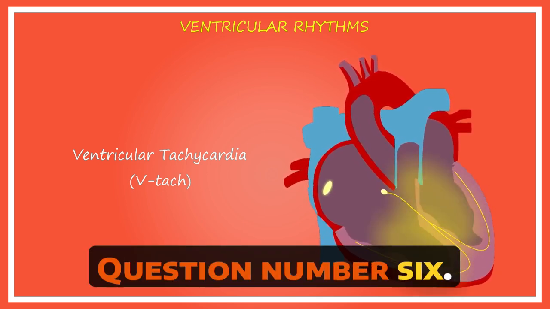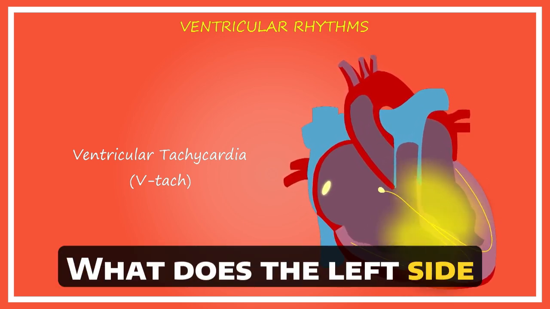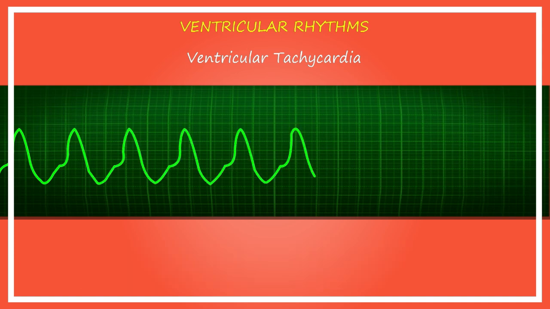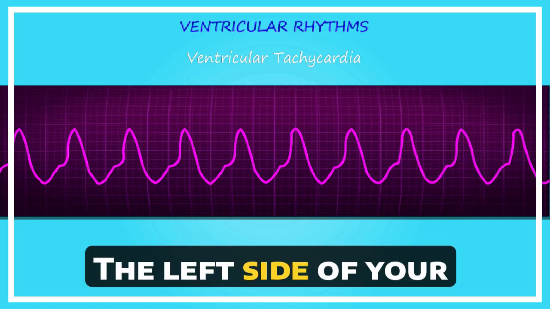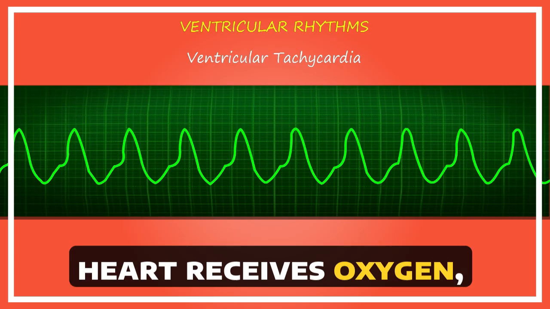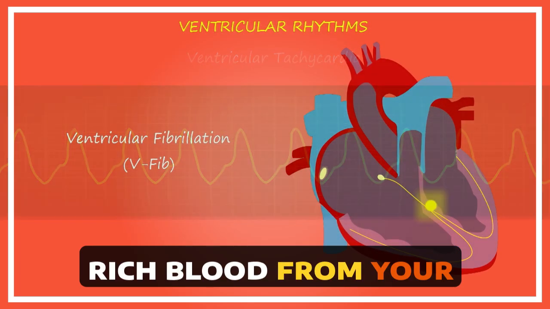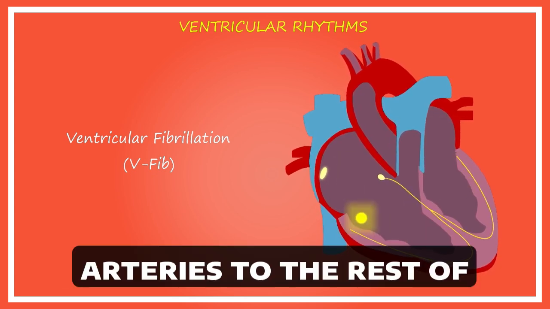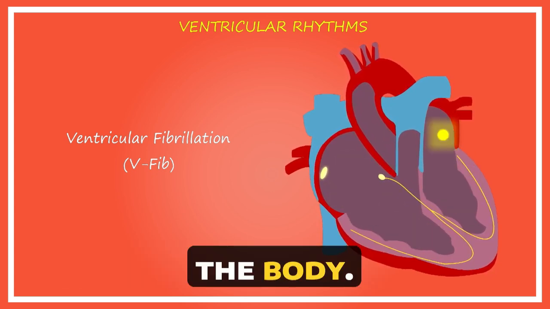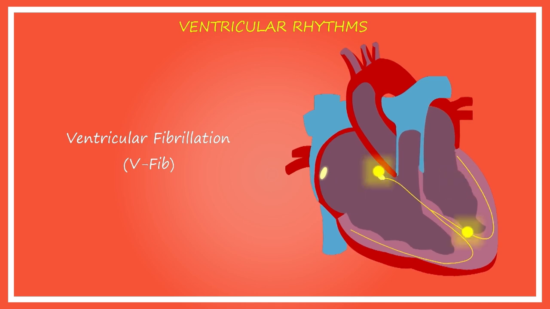Question number 6. What does the left side of your heart receive? Answer. The left side of your heart receives oxygen-rich blood from your lungs and pumps it through the arteries to the rest of the body. Question number 7.